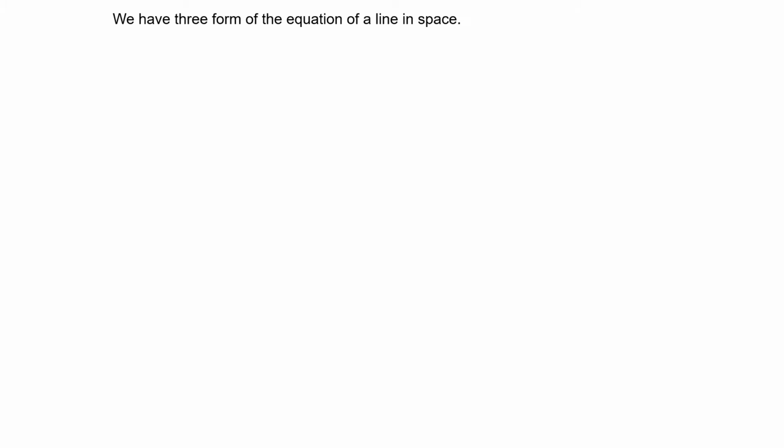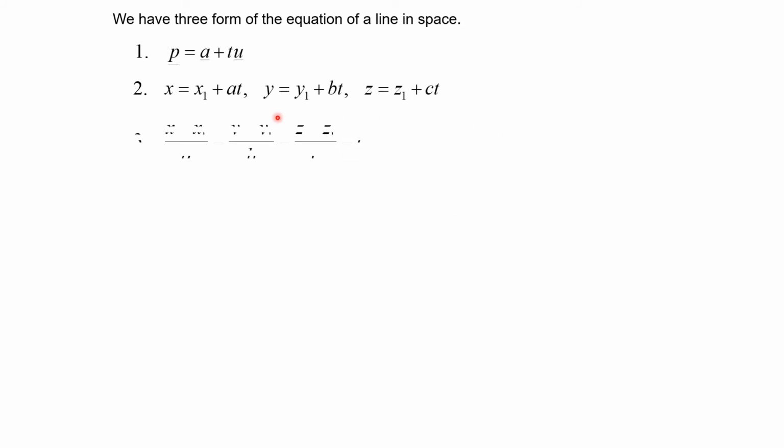Now we are going to see 3 different forms of a line in space equation. The first one is the form that has the vector attached to it. Recall that the vector here is u. So the first form is known as the vector equation form of a straight line. The second one has a t attached to it.